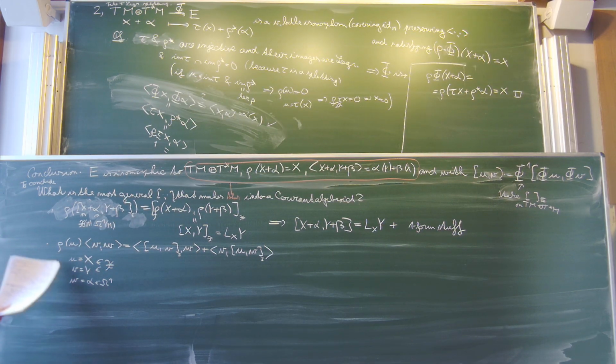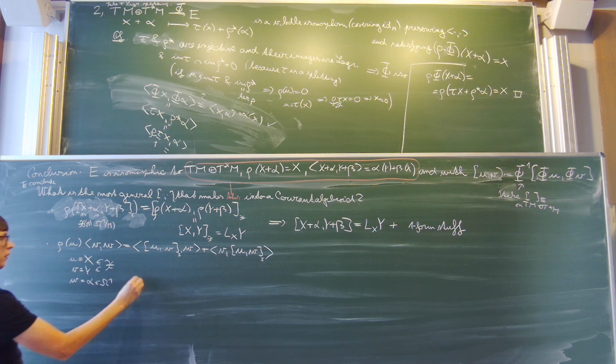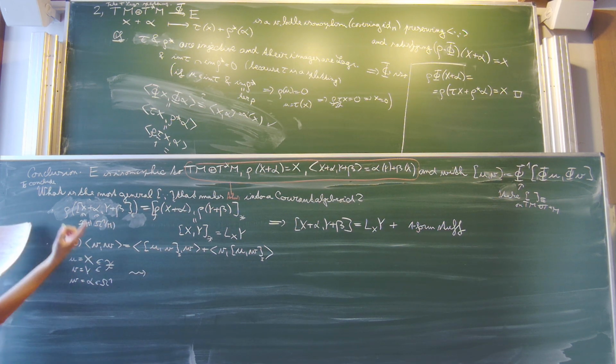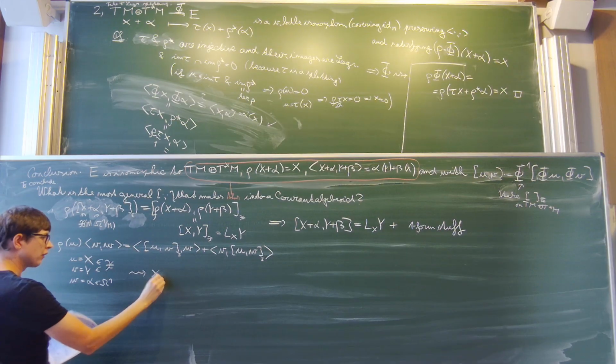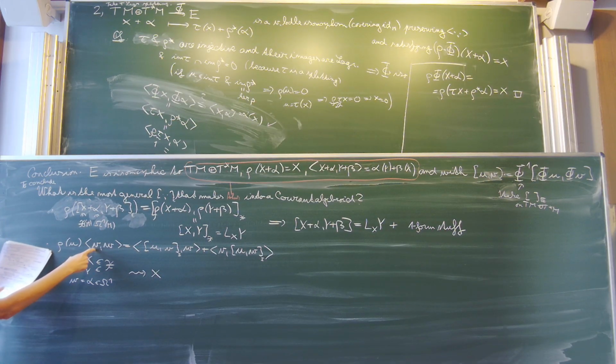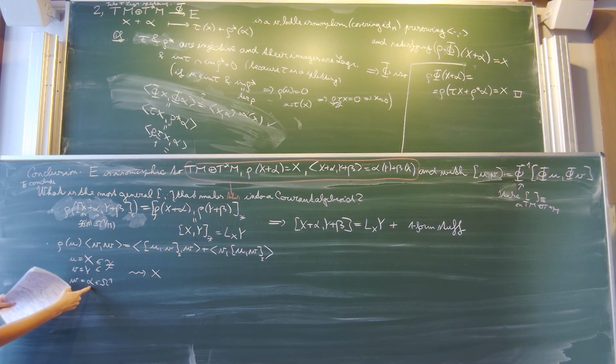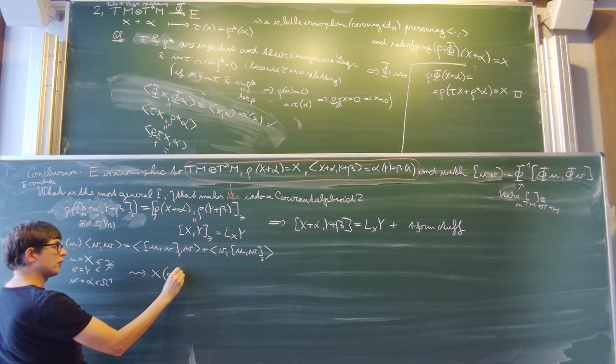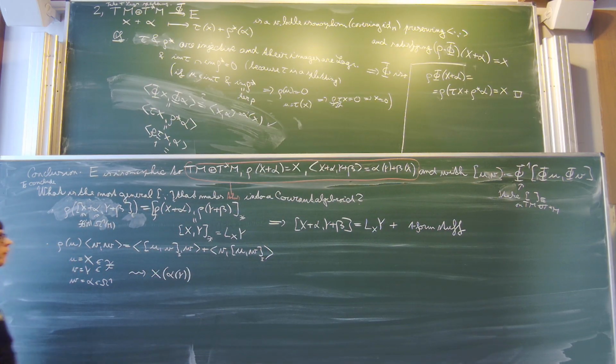So what happens here? U was a vector field, so rho of a vector field is just a vector field itself. V and W are a vector field and a one form, so the pairing is a pairing of a vector field and a one form. This is the left hand side.